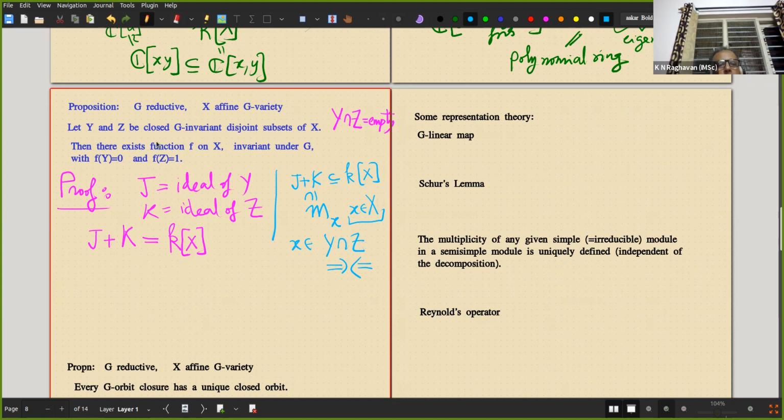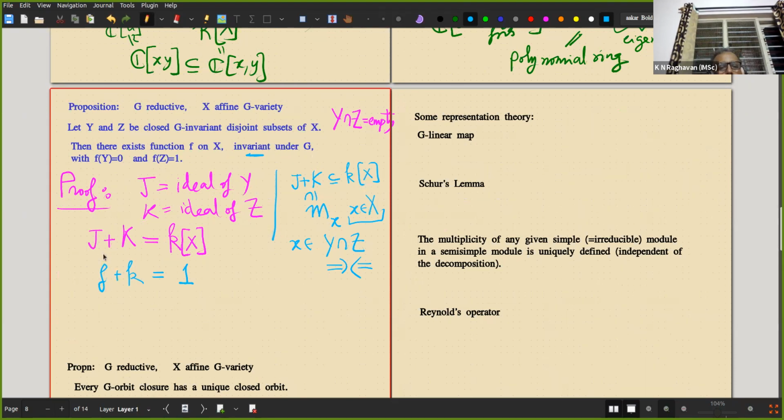Okay, and then if I forget the invariance under G, how would I get such a function? Well, you just take 1 and write it as f plus k. Is G a good letter for a function? Maybe not. Let me write k. Sorry, I should have written maybe J here, but J is a strange letter for a function.